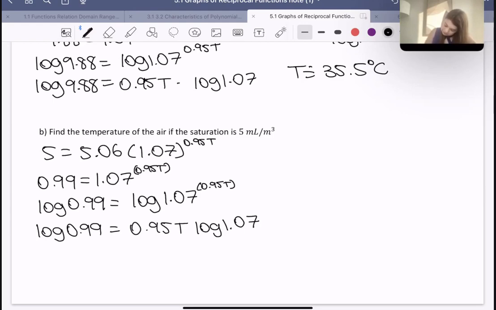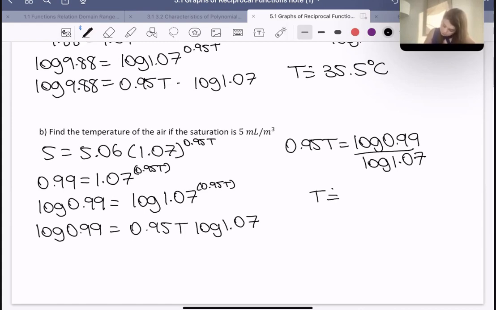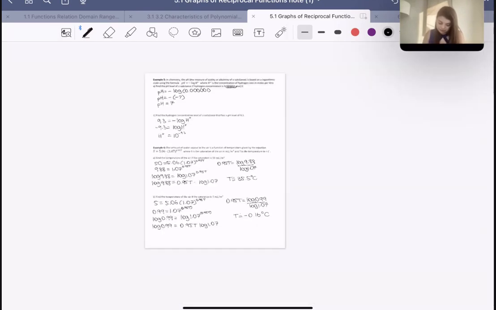And then so therefore 0.95T is equal to log 0.99 over log 1.07. Okay, so therefore T would be around 0. I guess negative 0.16 degrees Celsius is a bit more accurate though, so we'll go with that. All right, well, there we go.